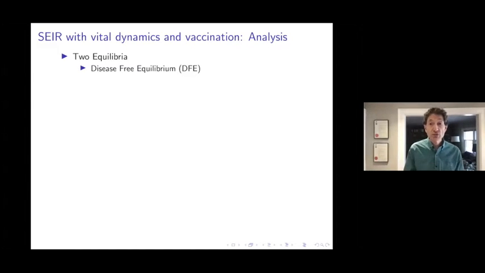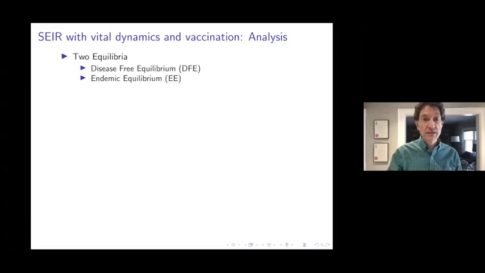An equilibrium at which no disease is present, which we call the disease-free equilibrium, so I and E are both 0 at that equilibrium. Alternatively, there is potentially an endemic equilibrium, that is an equilibrium at which there is always prevalence of disease.